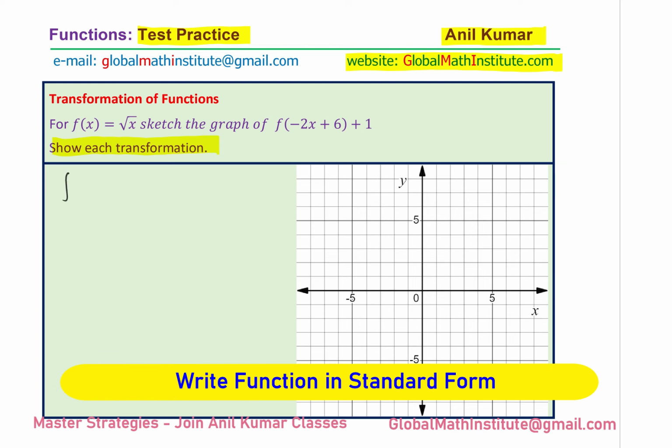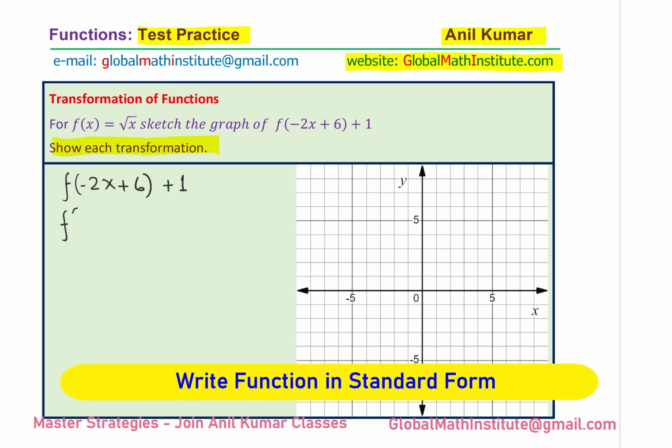So we are given the function, which is f of minus 2x plus 6 plus 1. Perfect. The first thing you should do is factor out this minus 2. That could be a mistake at times. So let's rewrite.